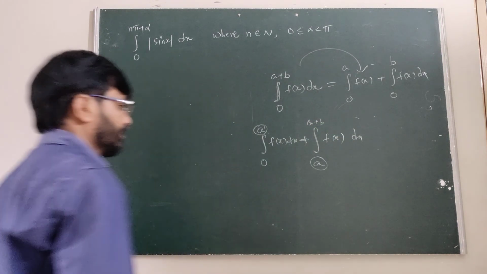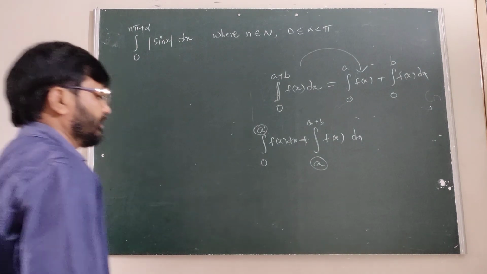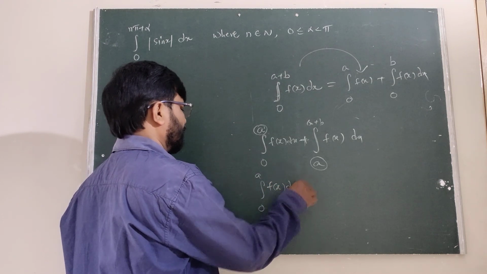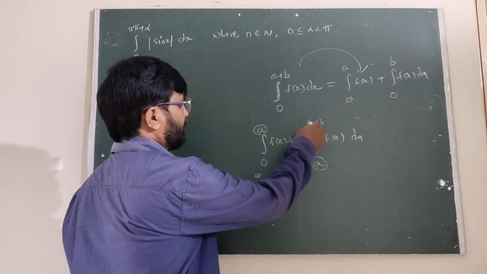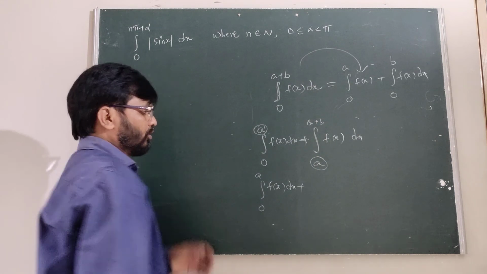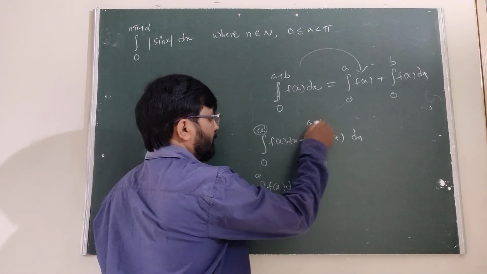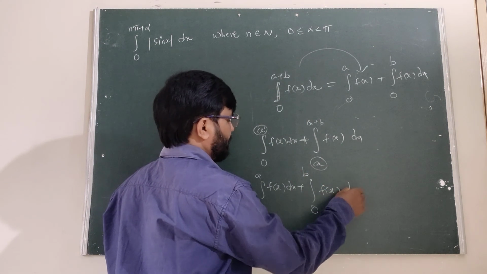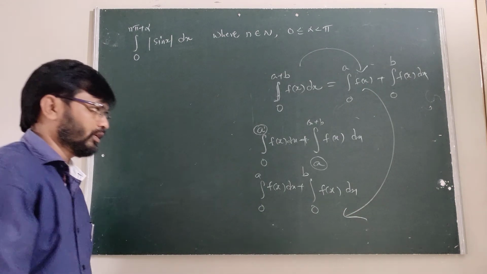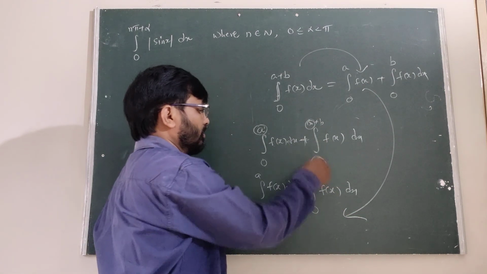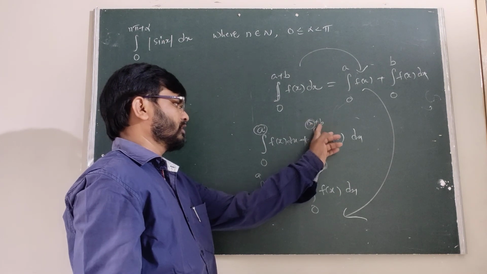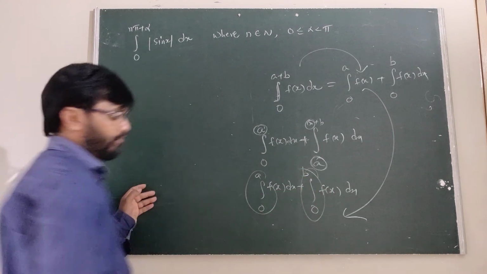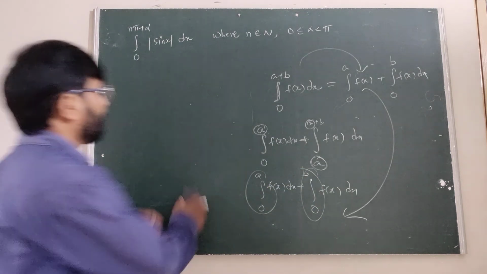Applying the limits, a minus a is 0, and a plus b minus a is b. Therefore we get the integral 0 to b of f of x dx simply.